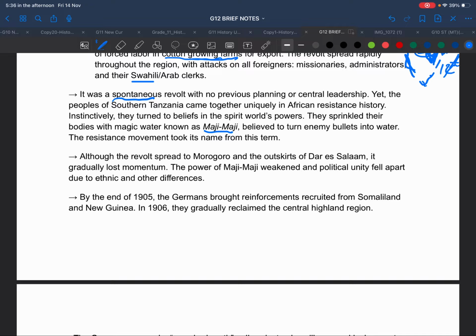Although the revolt spread to Morogoro and the outskirts of Dar es Salaam, outskirts meaning the surroundings, nearby, around the capital city of present-day Tanzania, it gradually lost momentum.